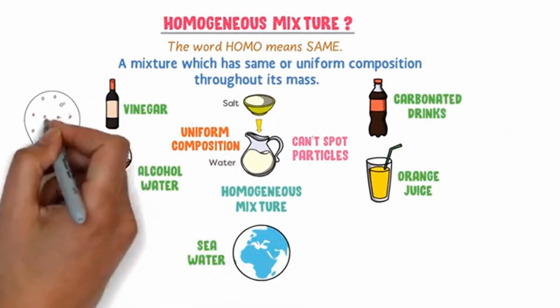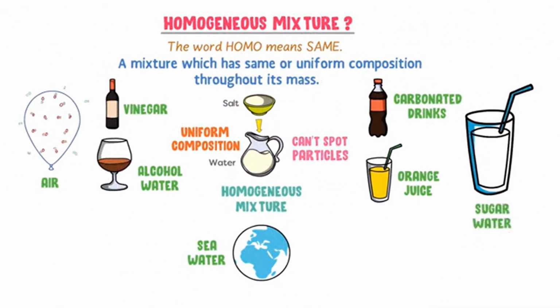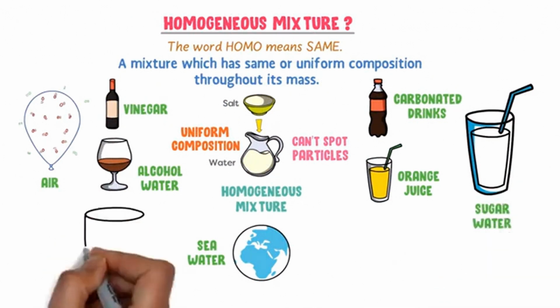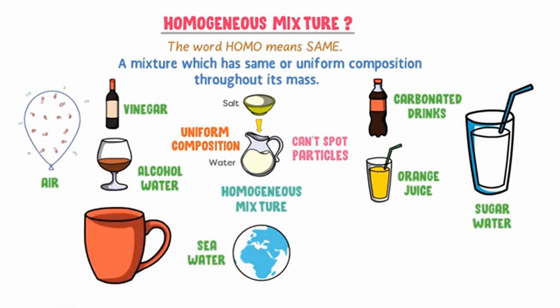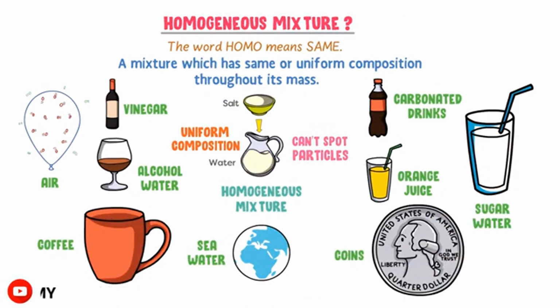Yes, you can see sea water is also an example of homogeneous. Air is an example of homogeneous. Also, sugar mixed with water is an example of homogeneous mixture. Coffee is an example of homogeneous. A coin is also an example of homogeneous mixture.